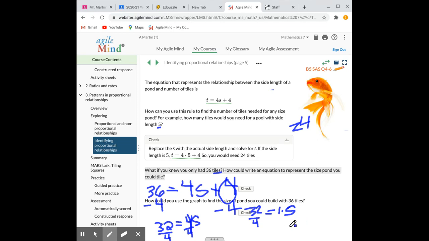Correct. All right, so I'm left with s. And what is 32 divided by 4? 8. Good. So that means that our side lengths are how long? 8 equals s. So how long are the side lengths? How many feet? 8 feet. Good. So write that down, and then we're going to check our work.